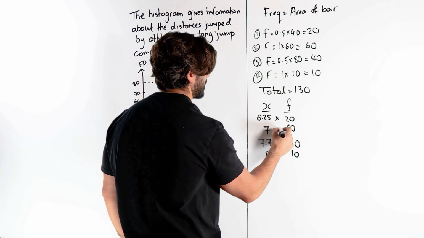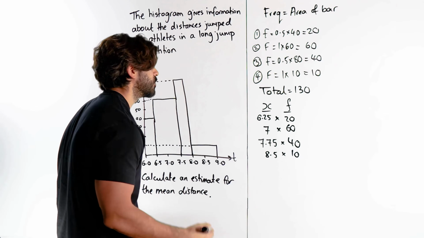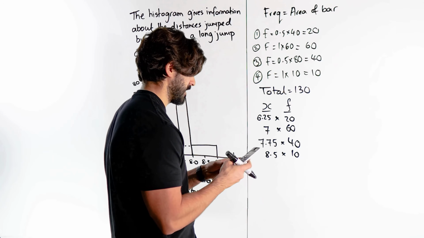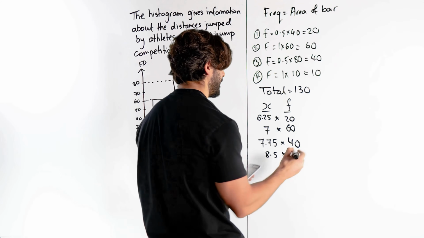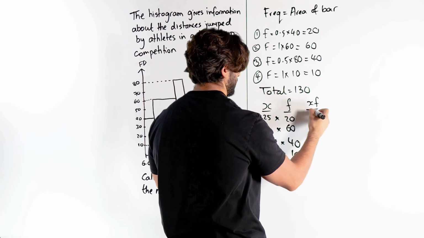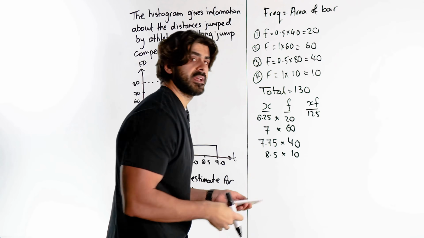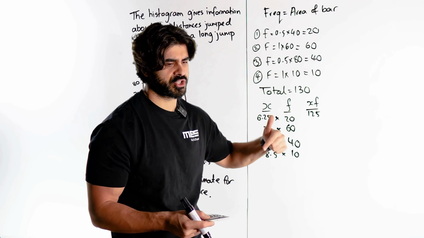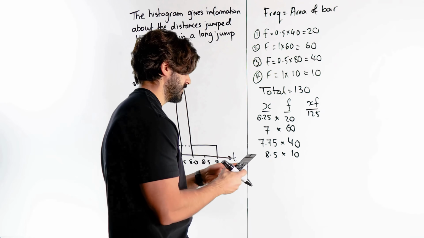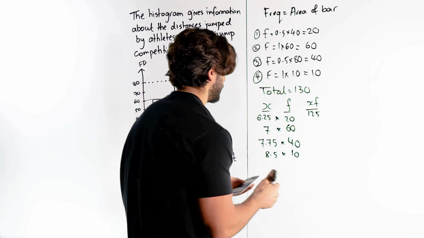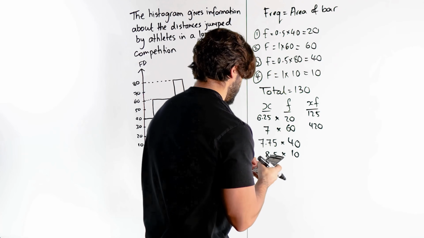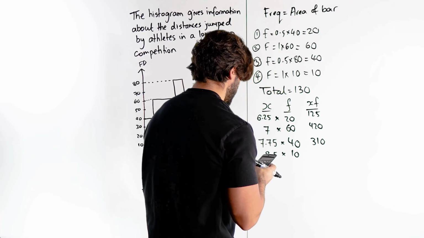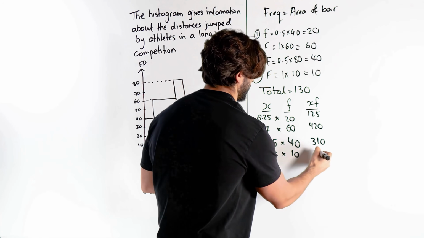So we're going to multiply across here to work out the individual totals. We have 6.25 times 20, which is 125. We call that xf, 125. And if you need reminding about how this works, just go to my previous video on averages for continuous data. I made a video on it recently. 7 times 60 is 420. 7.75 times 40 is 310. 8.5 times 10 is 85.